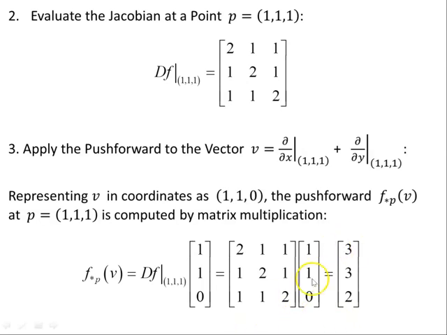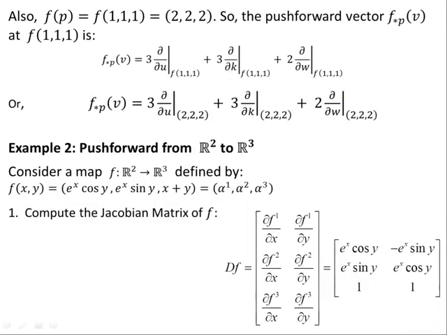And for the bottom one, 1 by 1 is 1, plus 1 by 1 is 2, plus 0 times 2 is 0, so we get 2 down here. So our vector V under the push forward is (3, 3, 2). All right, so let's write that.